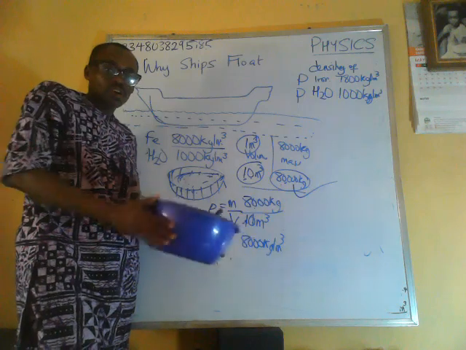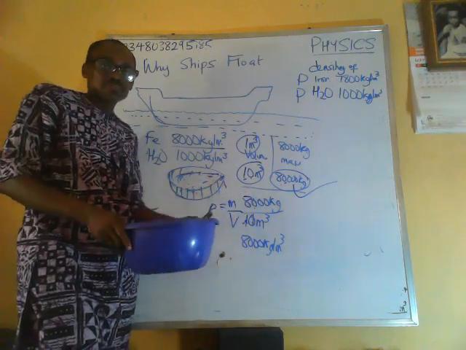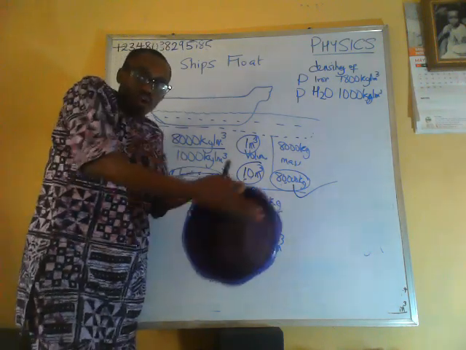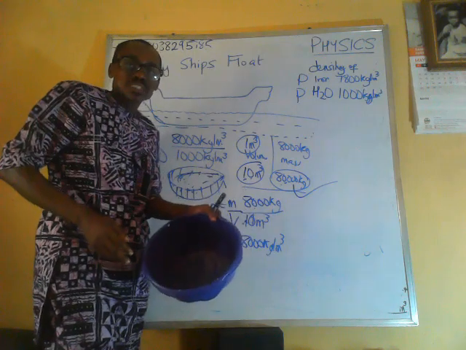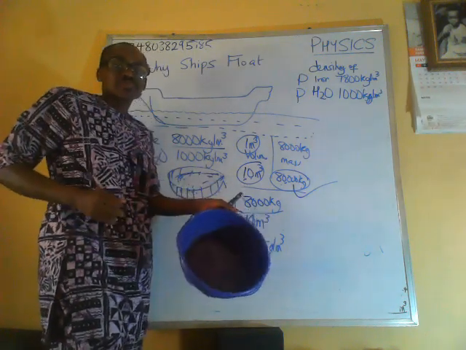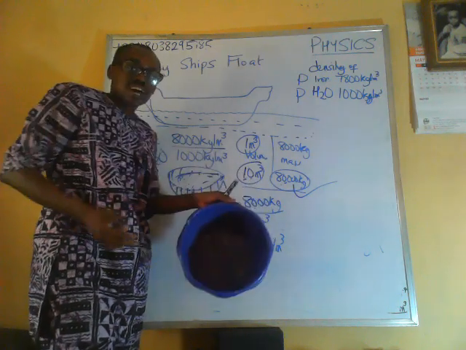The mass of this iron is 80,000 kilogram. But now this hollow, empty space is also taken into account as part of the volume of the ship, and it is more than even the volume of the material.